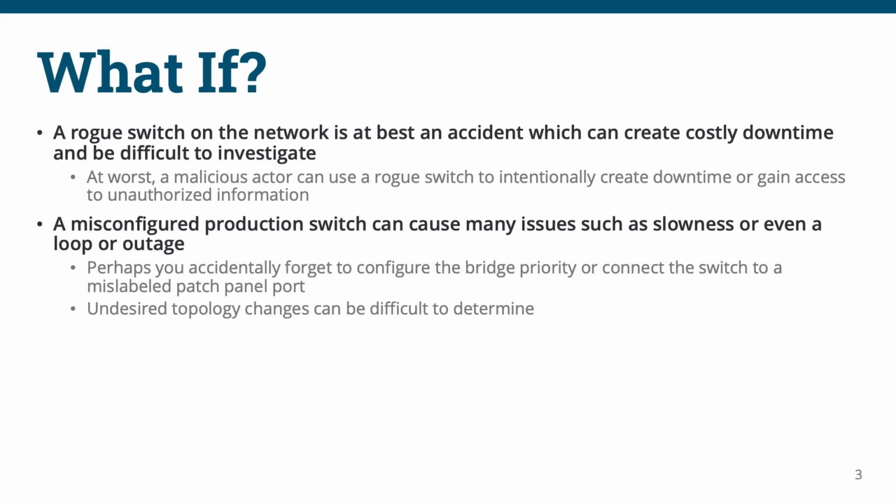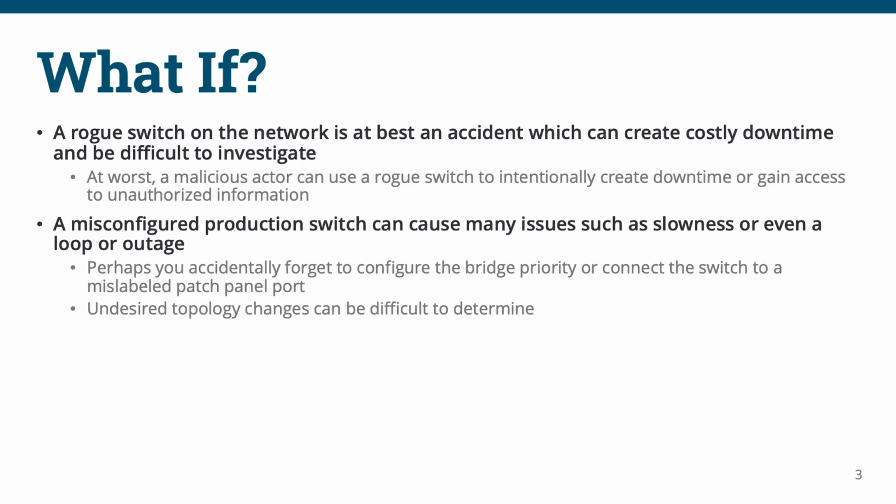First, let's just consider some of the situations that can occur where STP and RSTP could cause undesirable effects or even be exploited. Since RSTP and STP do not have any authentication mechanisms built in, the protocols simply believe whatever the other switches on the network tell them.